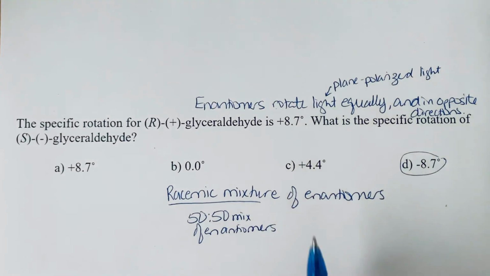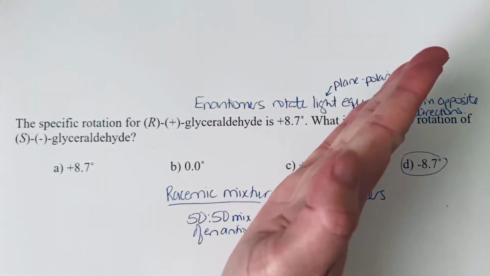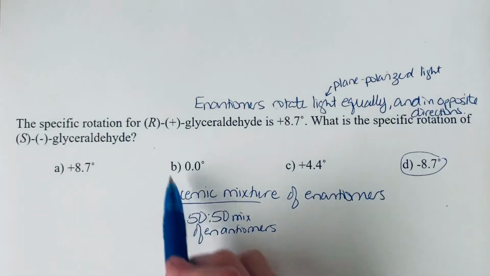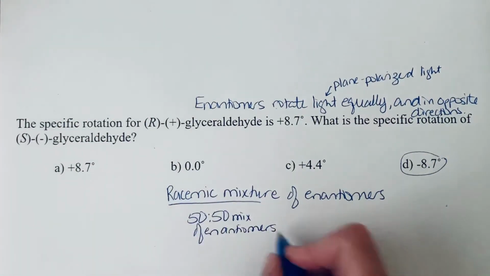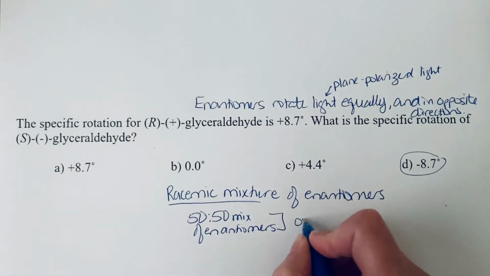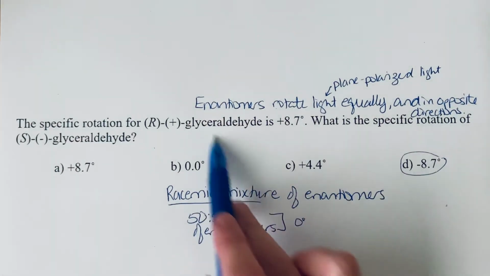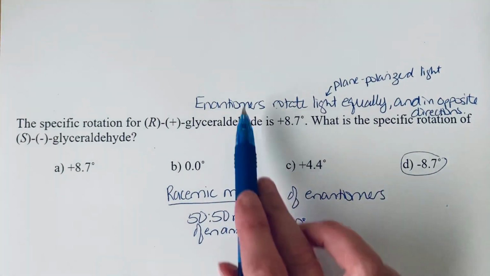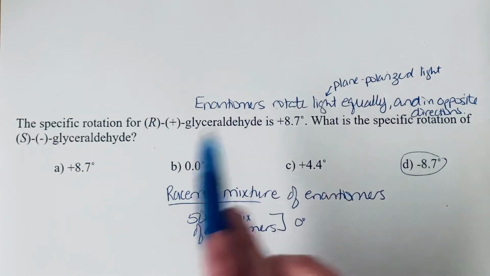That means that half of your molecules in solution will be wanting to rotate light one way, the other half would be wanting to rotate it equally in the opposite direction, and then they would cancel out. And that's when you get 0, right? So you would have 0 degrees for that. This isn't actually related to the first problem, but this is something that is important to be aware of. And it comes about because of the fact that enantiomers rotate light equally in opposite directions.